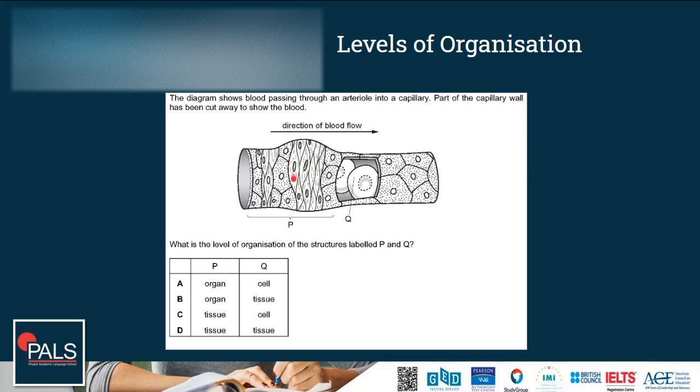And we have these more round or square shaped cells. These cells are epithelial tissue. So we have a group of at least two tissues here working together to form a blood vessel. So the blood vessel itself is an organ. The correct answer here is A.